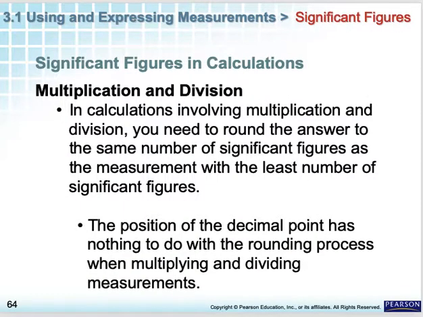The rules for multiplication and division are much simpler, and that's why we're going to do those second. We are just going to count the number of digits in our multiplication or division, and the number with the least number of significant digits will be the number of significant figures I can report.